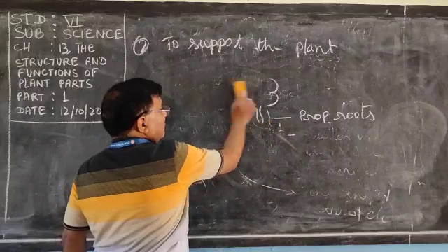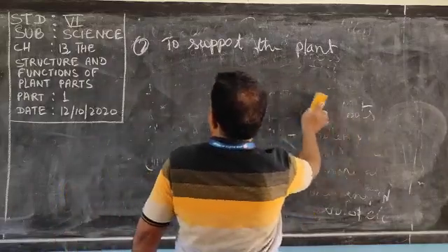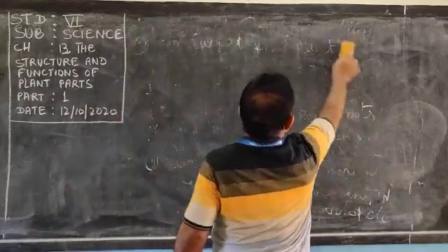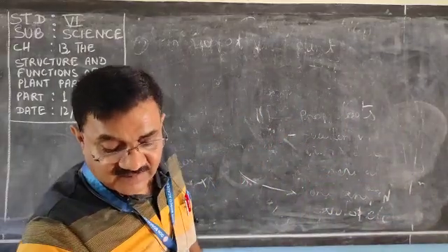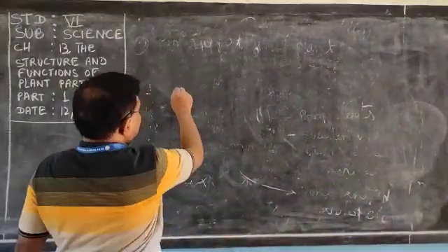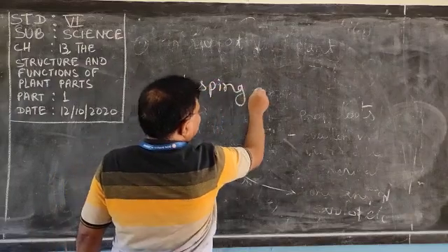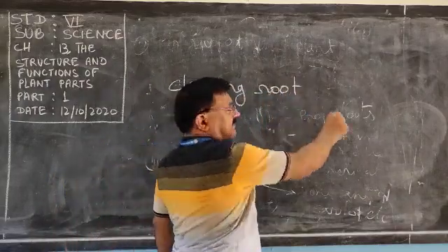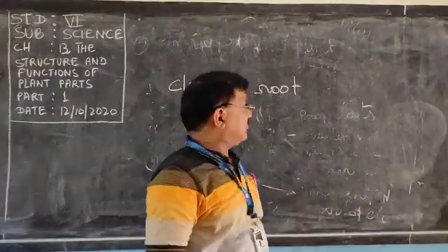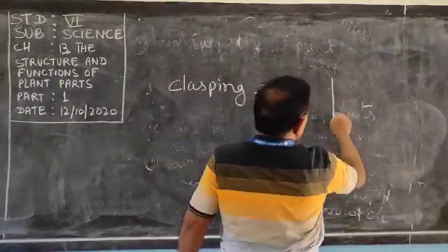Next, some more roots are there, and that is clasping roots. They come out from the nodes. Suppose this is a plant.